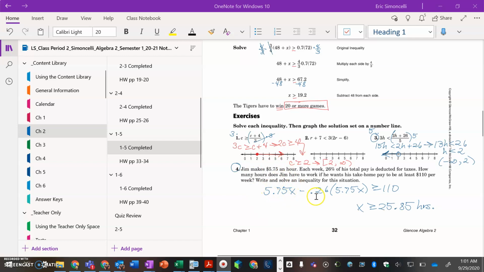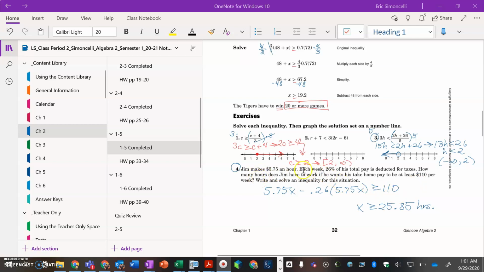And then you're going to subtract. Okay, it's deducting 26%, so 0.26 times, or of really, this quantity again that you saw in the beginning, 5.75x. So again, this quantity minus the deduction of 0.26 times the same quantity. Again, he wants it to be at least, so greater than or equal to, $110 per week.